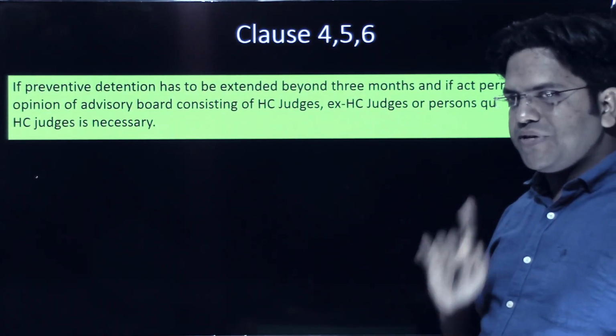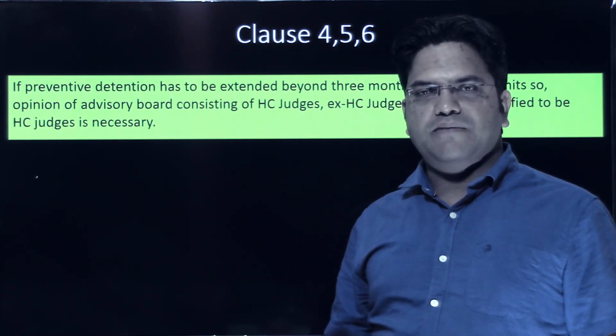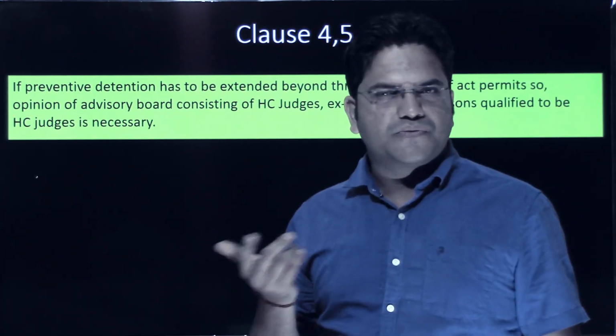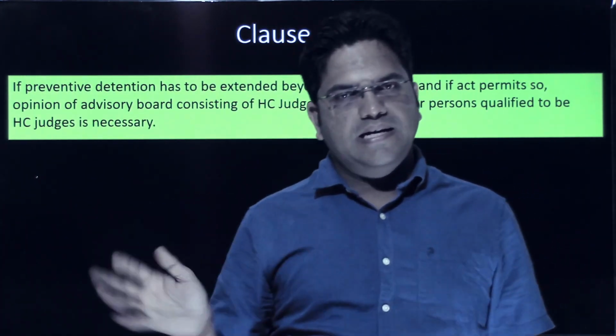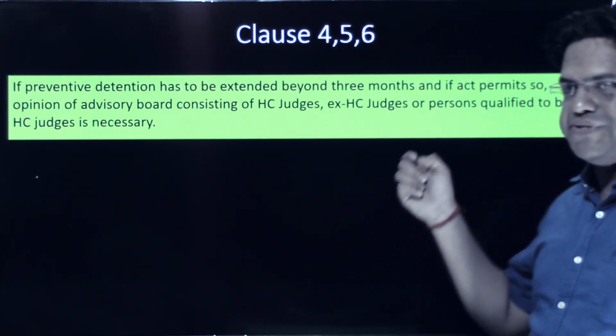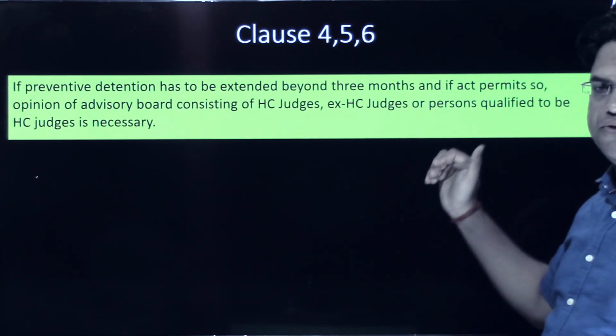Preventive detention can't be arbitrary. It can't be that the executive, or the magistrate of a district, just one day decides and arrests somebody and puts him or her into preventive detention. There has to be a legislative basis, and that will come through an act.